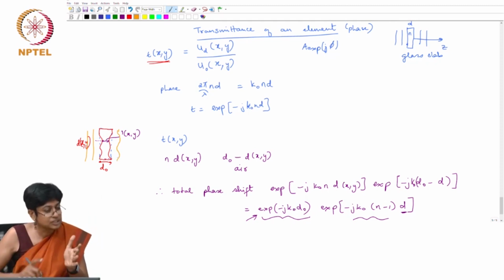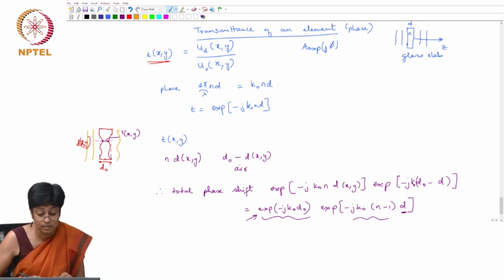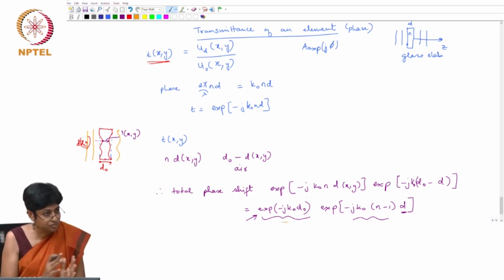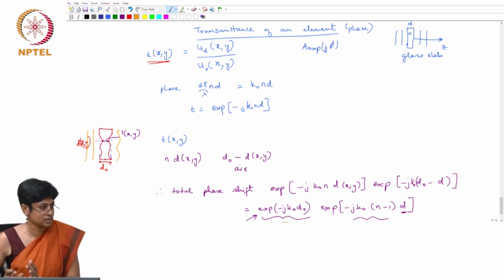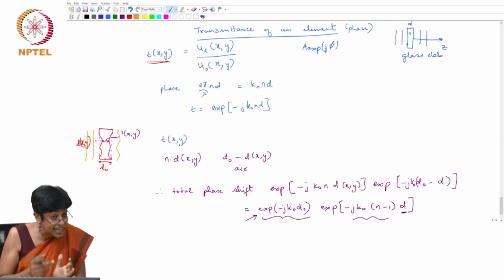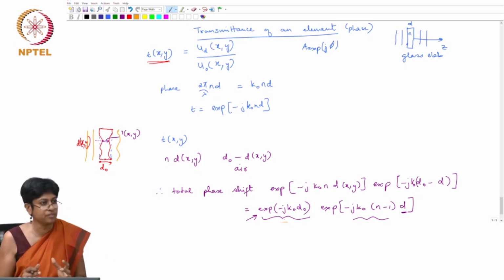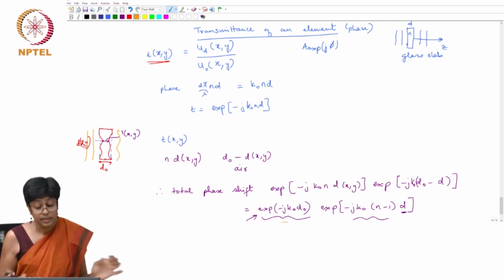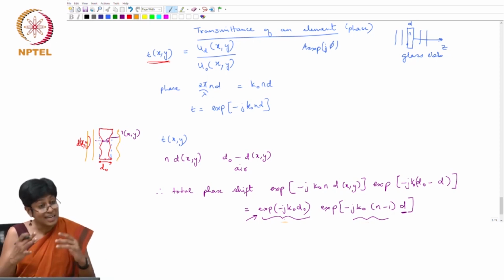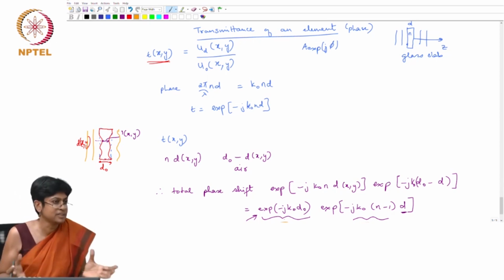And that change in curvature is arisen because of the variation in the thickness. This is like a DC shift. Everything was shifted and then this curvature. So in order to get the shape, I can leave out that DC shift. In order to get the actual phase, I have to include everything. Okay. So this is what happens when I have an element with some arbitrary or random variation of thickness.